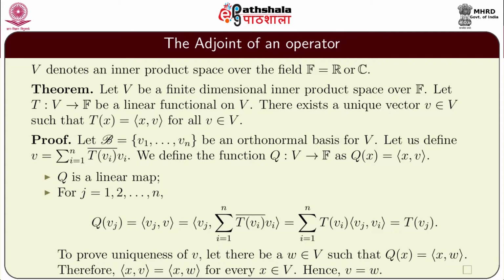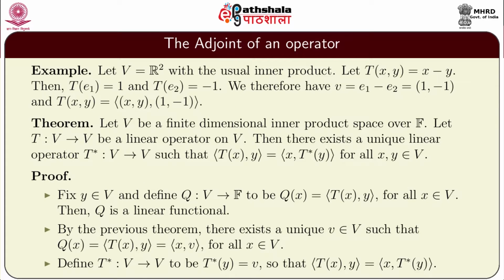Now, to prove uniqueness of the vector v, let there be a w in the vector space V such that T of x is equal to inner product x comma w. But then inner product x comma v is the same as inner product x comma w for every x in V. We have already seen that this implies that v must be equal to w.